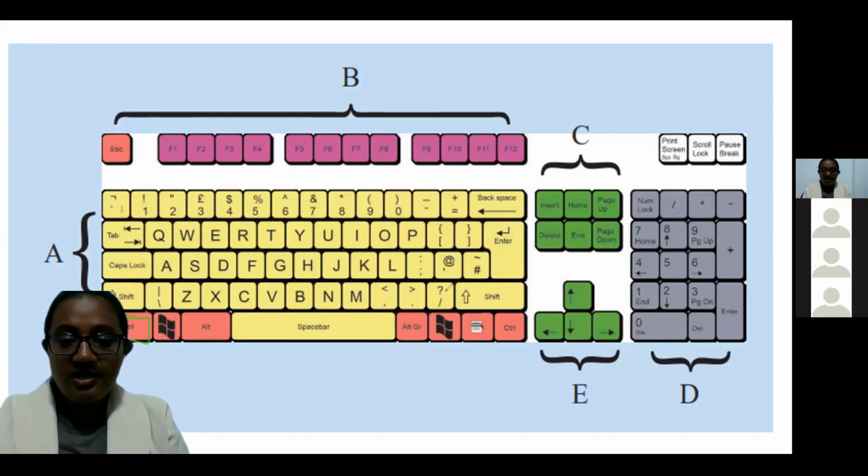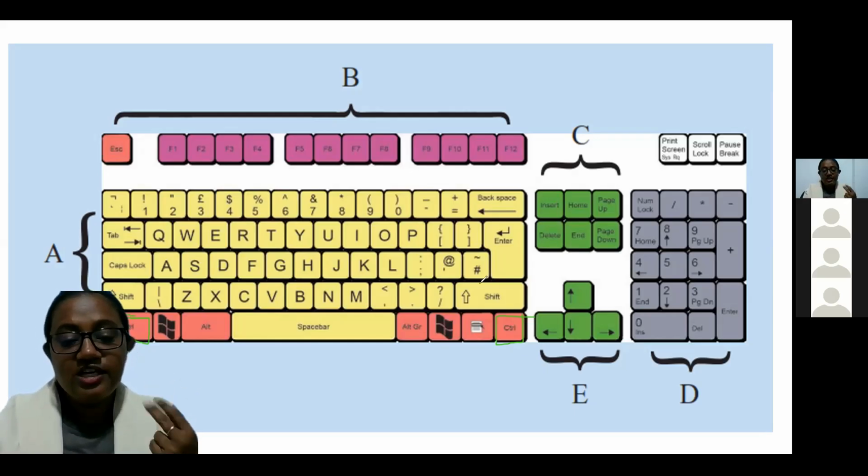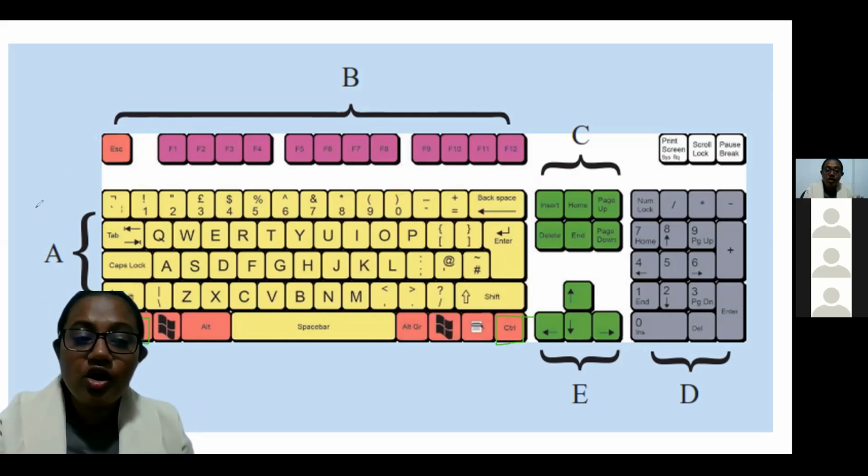This is one and this is the next one. And surely, how many Alt keys are in a normal keyboard? Two. There are two Alt keys. In a normal keyboard, we can see two Alt keys. How many escape keys?